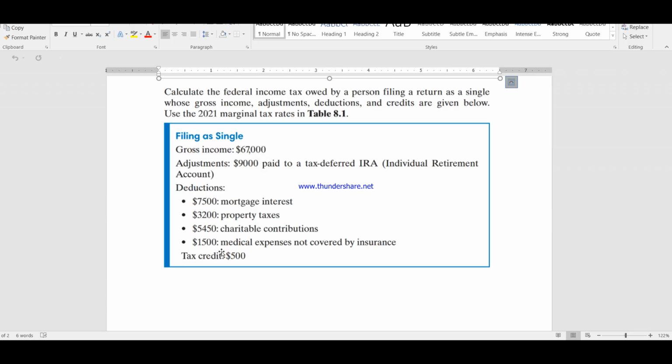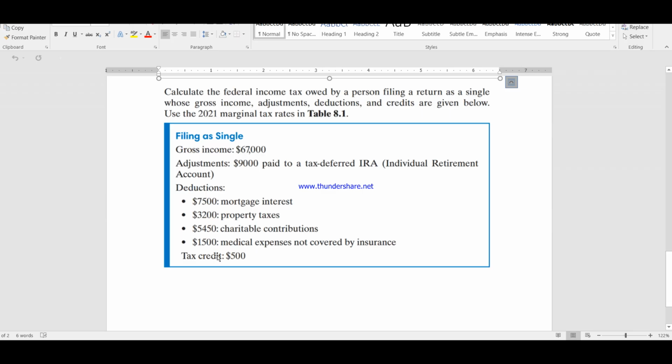Okay, I'm gonna check one more thing. I just want to make sure everything is fine. There's some rule for medical expense, but I just go ahead and calculate the deduction by adding all of this.